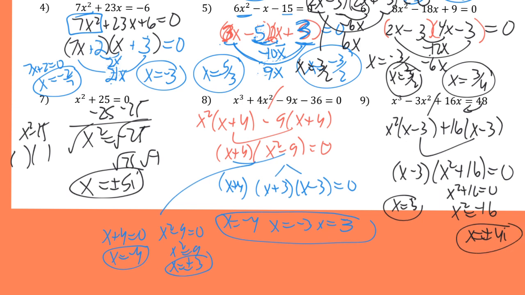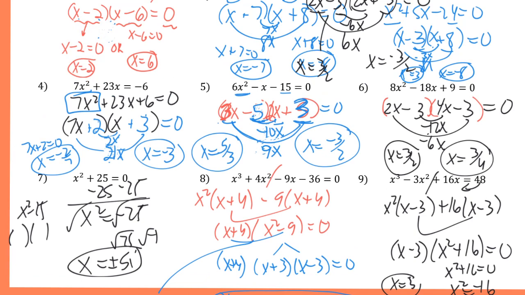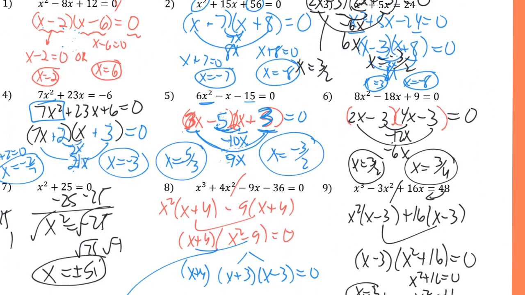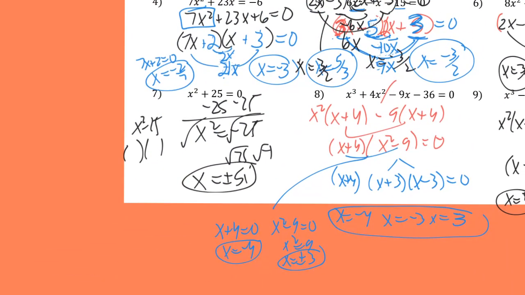One other connection I really want to make with you is this. Remember, in the previous chapter, in our previous quiz, you guys had to solve by graphing and finding the x-intercepts, right? Well, if you did graph number 7, I'm going to switch colors. If we graph this, you would have y is equal to x squared plus 25. What does the 25 do to my graph?